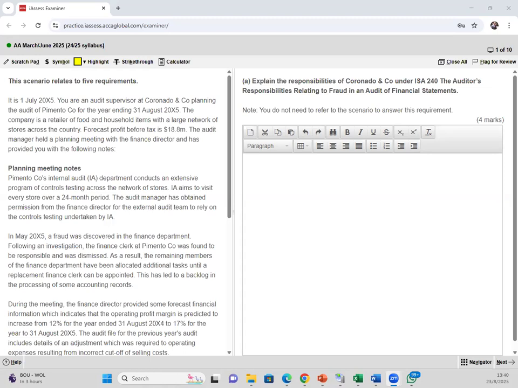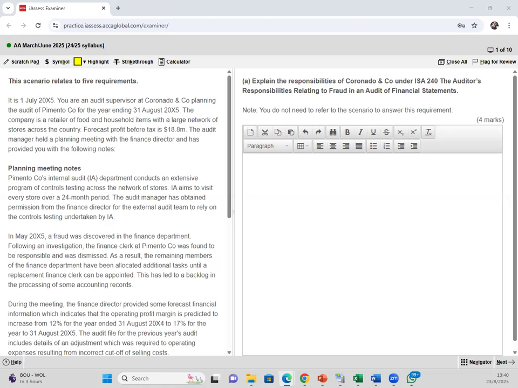The note below says that you do not need to refer to this scenario. So this one is just a knowledge question, not a case-specific question. It doesn't require you to first go through the case, so we can start answering it.